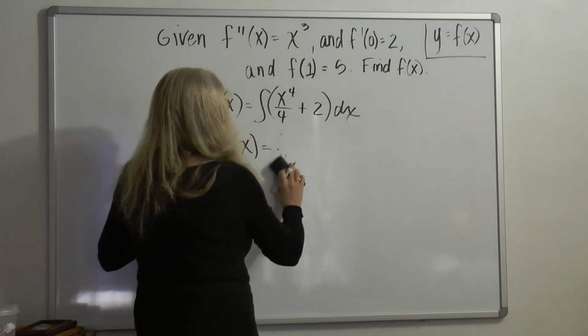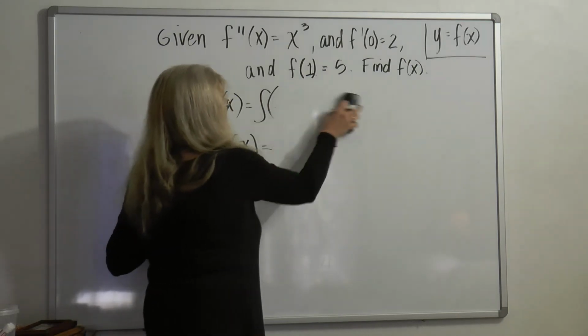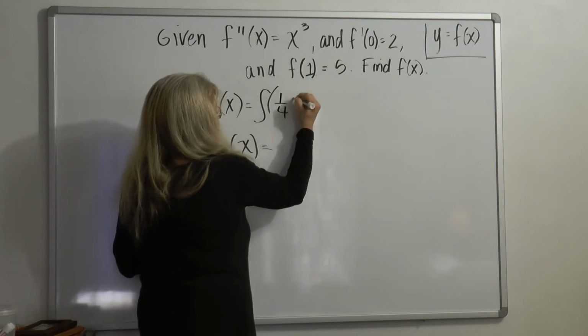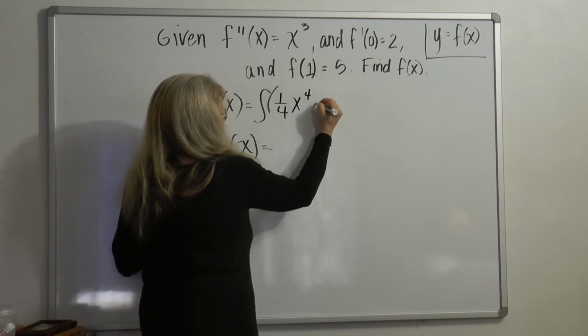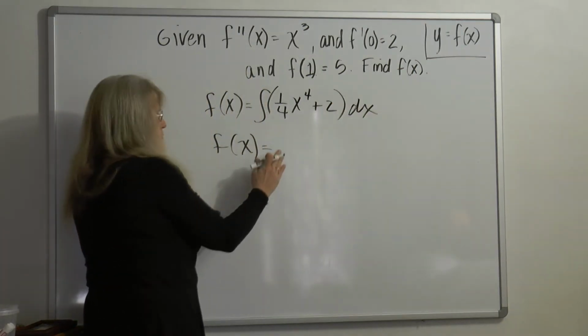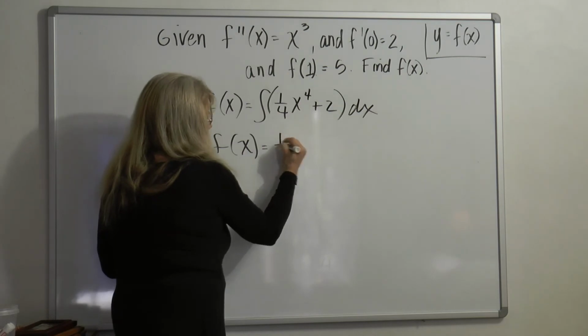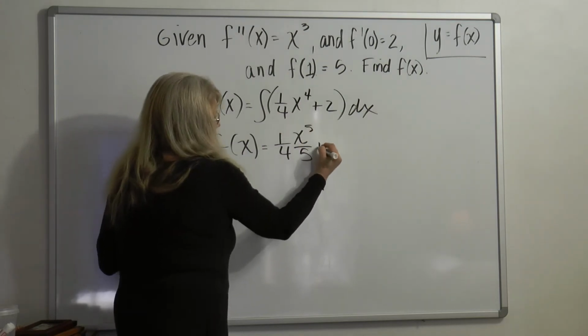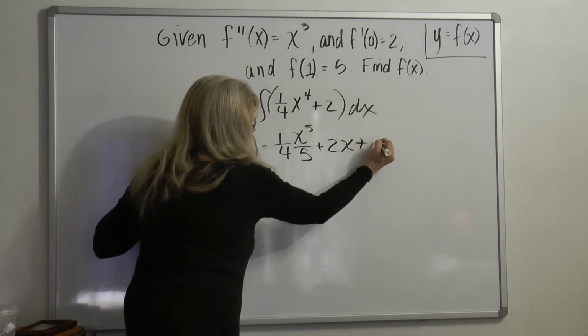Well, you know what, just to make this a little easier for you to understand, I'm going to write this as 1/4 x to the 4. Okay, it's just a little bit easier to integrate written like that. Certainly isn't wrong if you do it the other way. Okay, so I'm going to have my 1/4 x to the fifth over 5 plus 2x plus c.